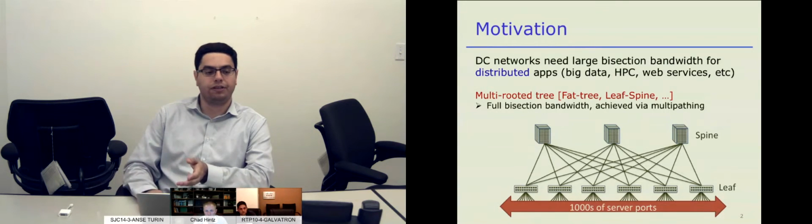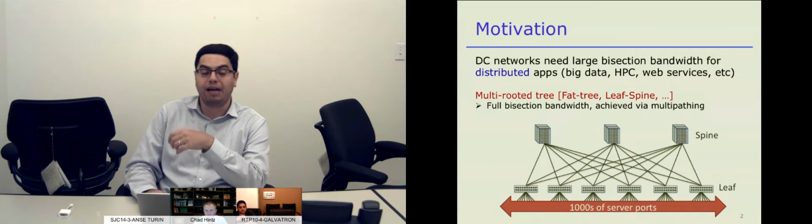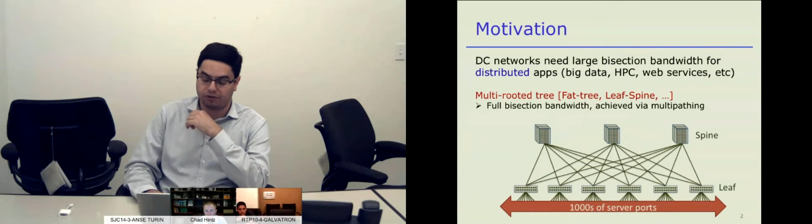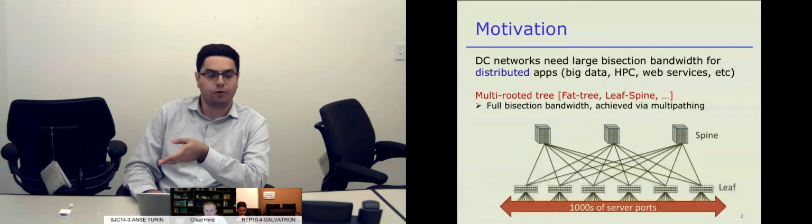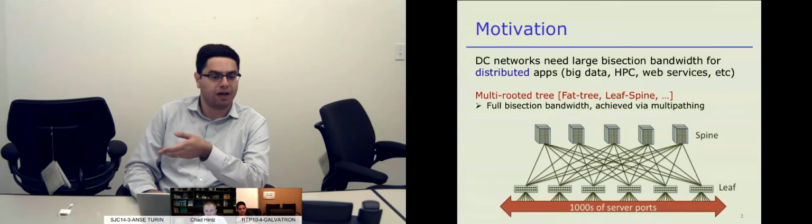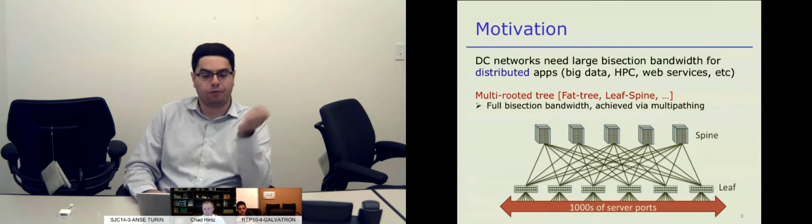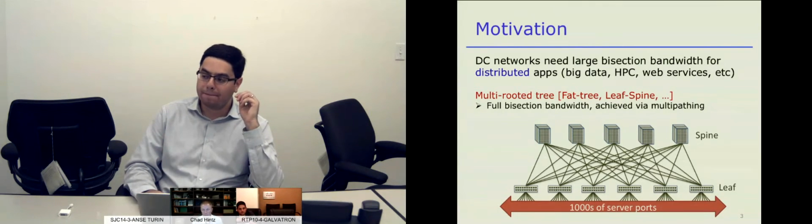These new designs are really nice because they let you scale the bisection bandwidth of the network as much as you want by just creating more paths through the topology. So for instance, here, if I need more bandwidth, I can just add a couple of spine switches, and I have a network with higher aggregate capacity.